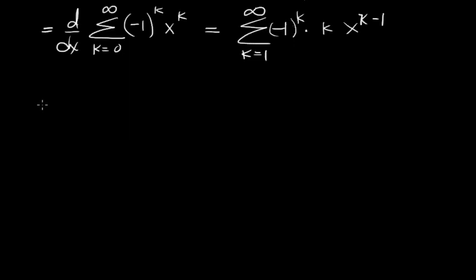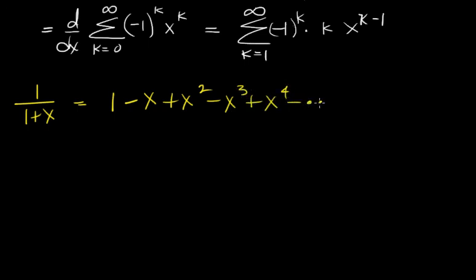All right, let me do it another way, and then we're done. We learned on a previous slide that 1 over 1 plus x was just plugging in minus x into the known series for 1 over 1 minus x. And we got, using the other notation, 1 minus x plus x squared minus x cubed plus x to the 4th minus, and so on.